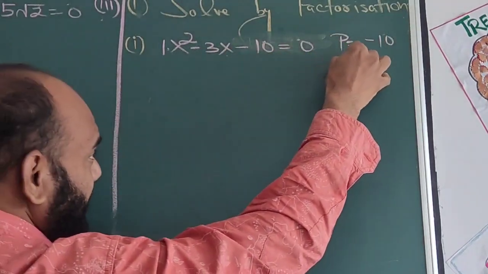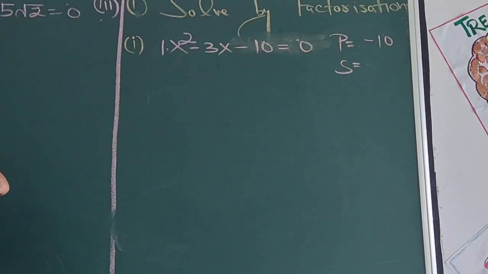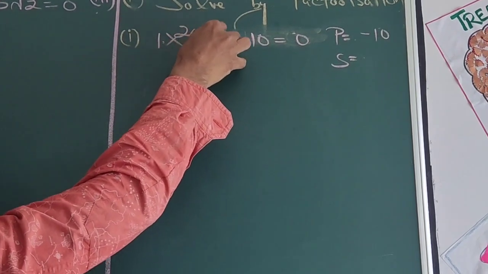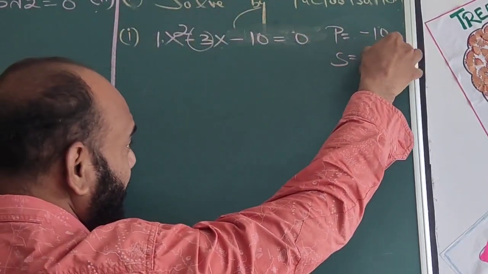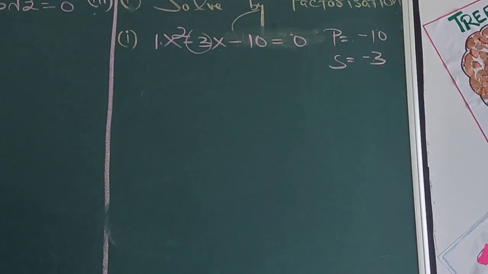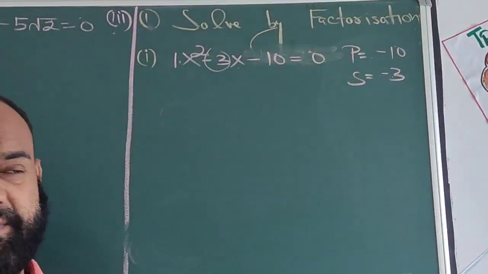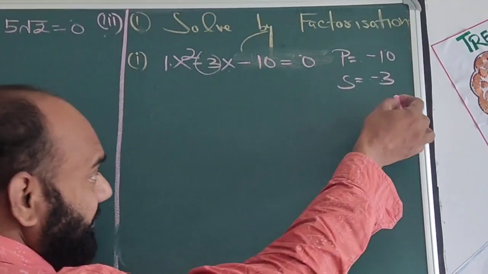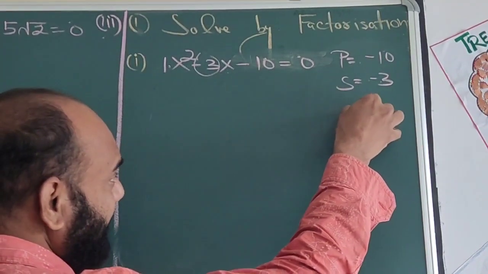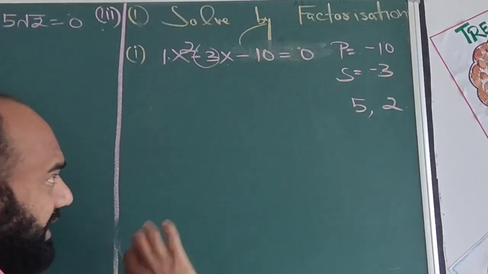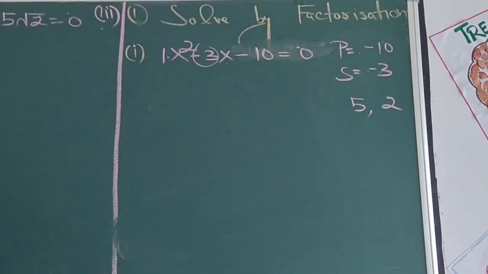And for the sum we use the coefficient of x, which is minus 3. So here we find the factors of 10 having product minus 10 and sum minus 3. And we know these two factors are 5 and 2, because the difference between 5 and 2 is 3.